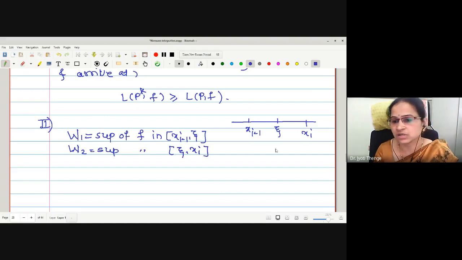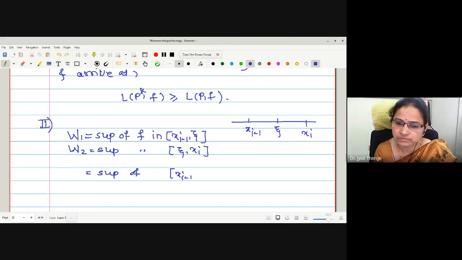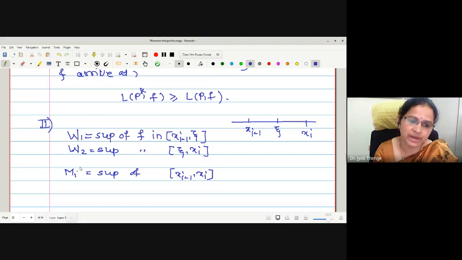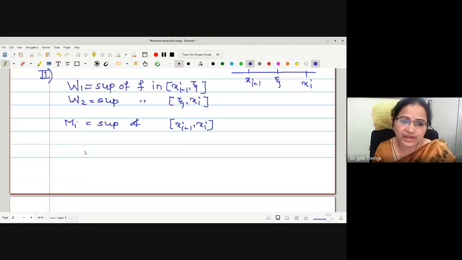What about suprema in this subinterval? What is the symbol? Capital Mi. Correct? Now again I want a relation between Mi and W1, Mi and W2. What is the relation?